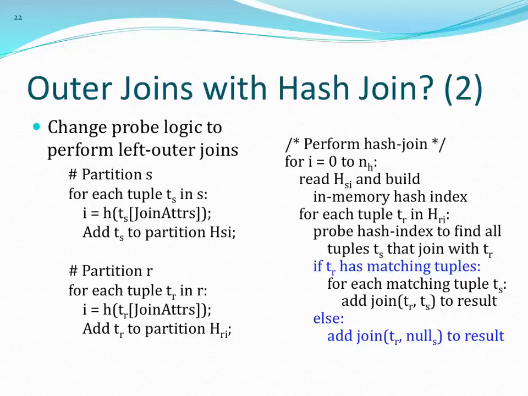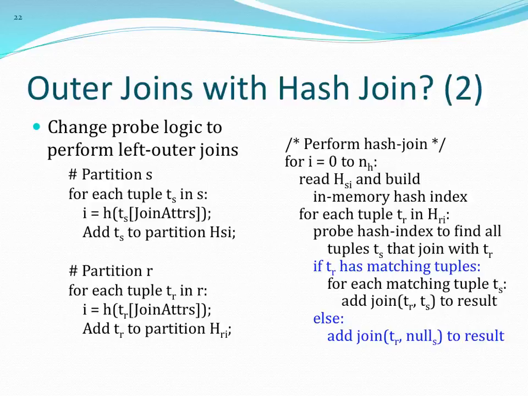Now what about right outer joins? Can we do right outer joins? Can somebody suggest a way to do right outer joins with this? Remember, I have all the tuples in HSI already in memory.